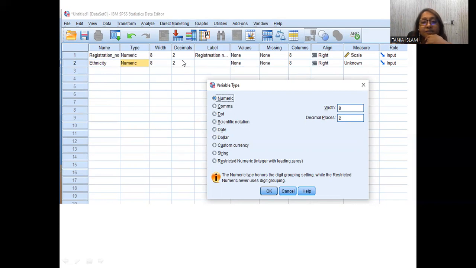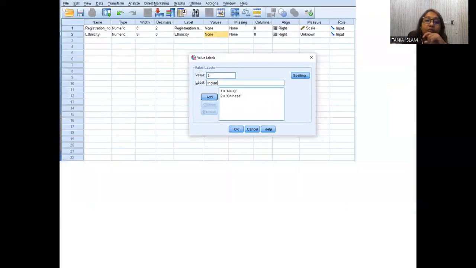And then decimal is like 0.002, how many decimals you want depends on this. Mostly we put 0 here. Then once I put ethnicity here, ethnicity of the cancer patient, I can label it, okay.